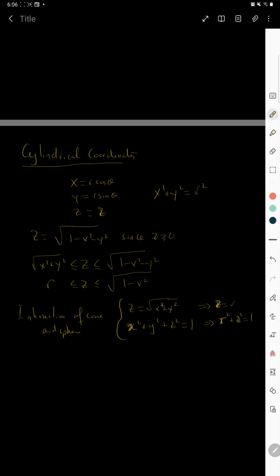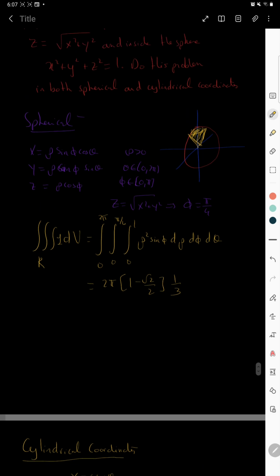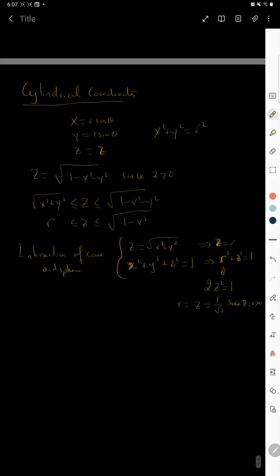Then we get 2z squared. So here, replacing r by z, we get 2z squared equals 1, and z is equal to 1 over root 2, since z equals r is positive in this case. Great, right? We're looking at a positive region in z.